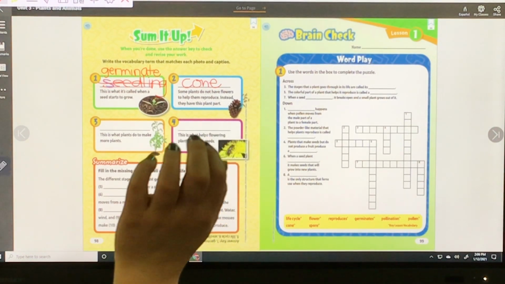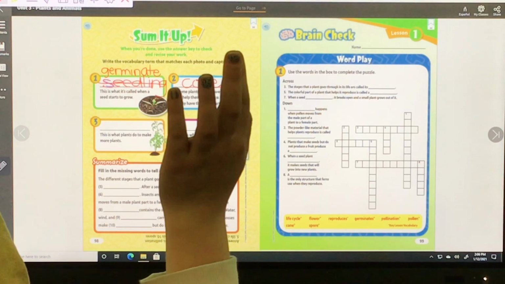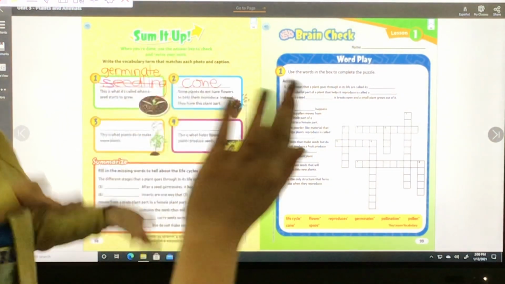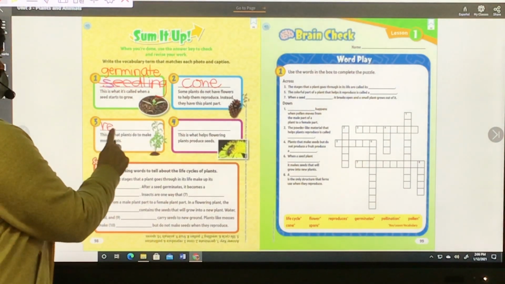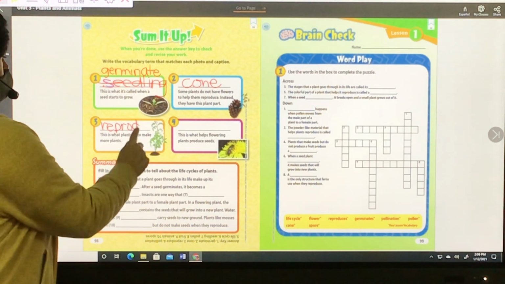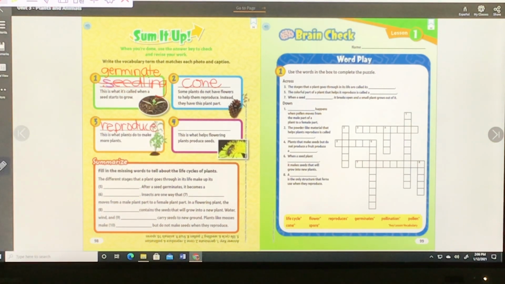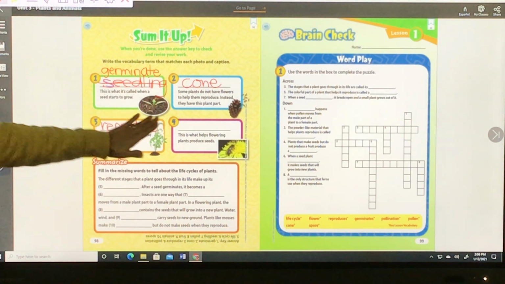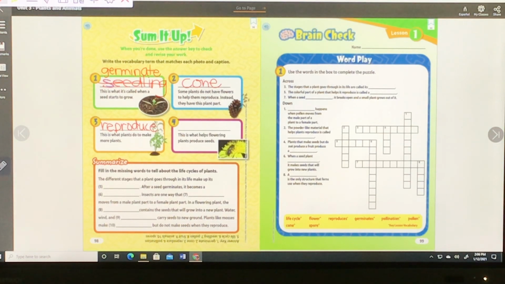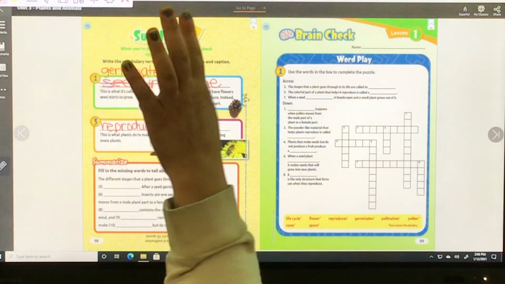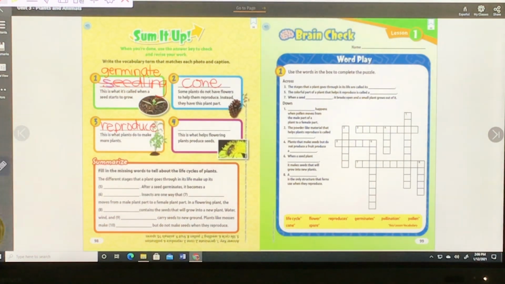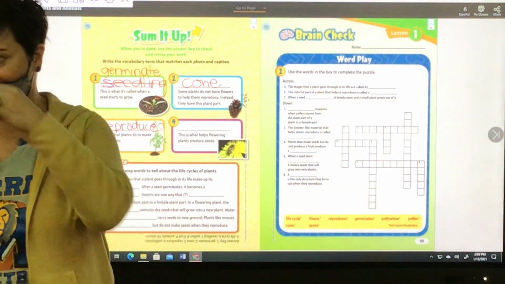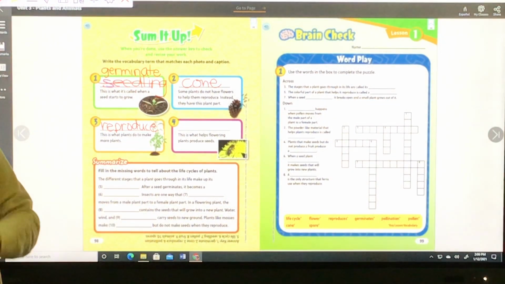Okay, so what is that called, what plants do to make more plants? Reproduce. And then this fourth one. This is what helps flowering plants produce seeds. Remember when the bees are looking for the nectar and they get that stuff on them?